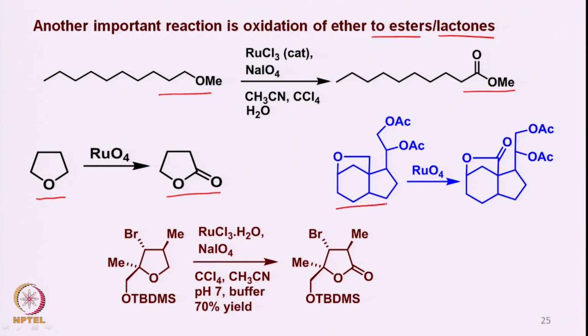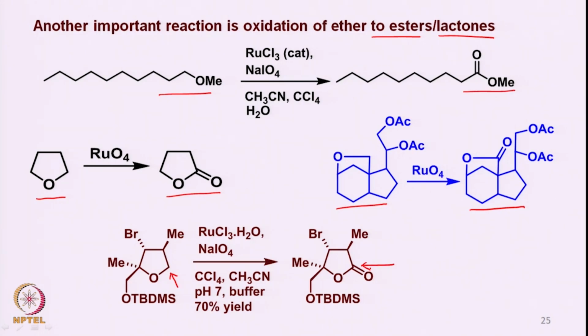In a similar fashion, this cyclic ether goes to the corresponding lactone. Even this type of cyclic ether having many functional groups and a site where there is a possibility of lactone formation can allow the lactone formation to take place.